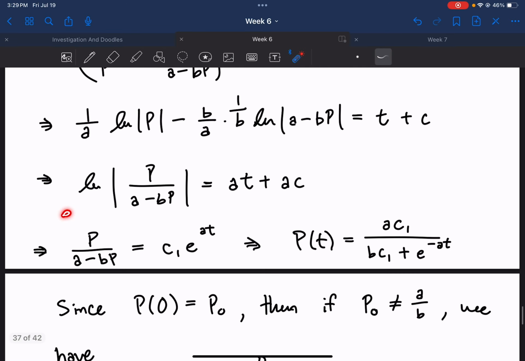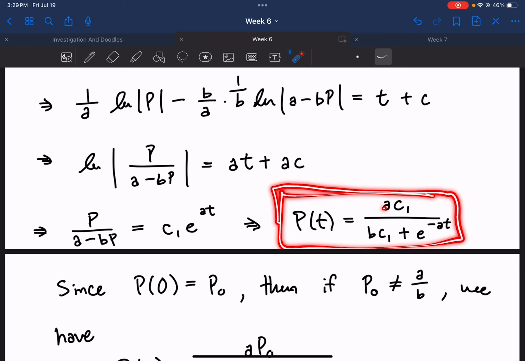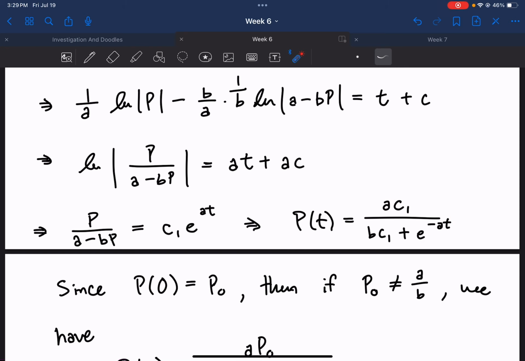Then we can raise both sides to the exponential. We get P over (a minus bP) equals some constant times e to the at, which means P(t) is equal to a constant over (b times the constant plus e to the negative at).